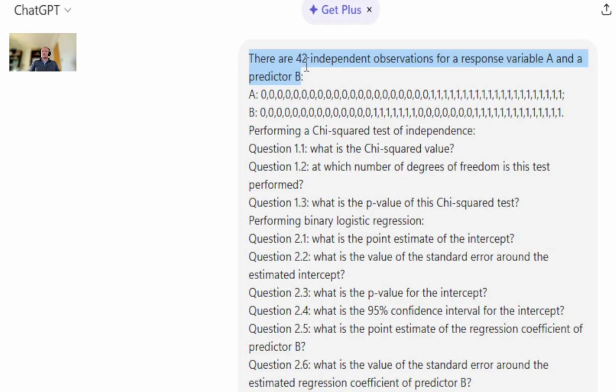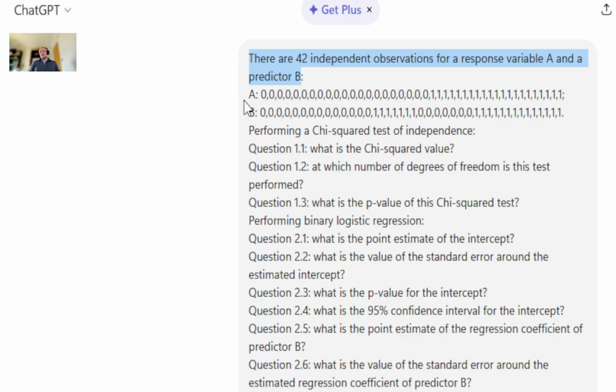information. In this case, we have a sample of 42 independent observations for a response variable or dependent variable A and a predictor or independent variable B. So this is context that can be used by ChatGPT, or whichever LLM I'm using, to analyze the data correctly, to choose appropriate statistical procedures.